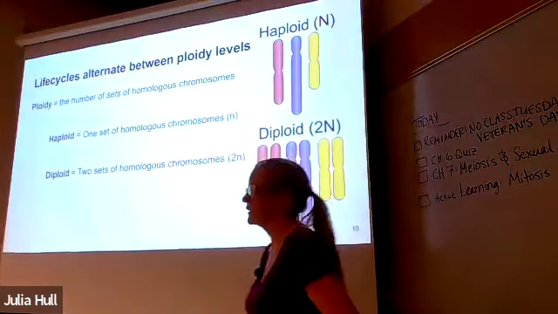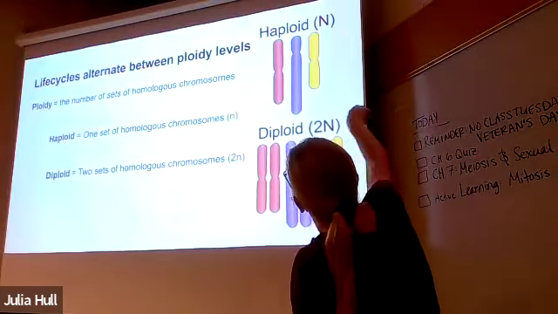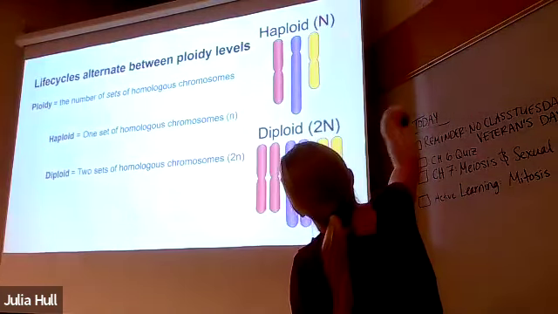A more accurate statement would be homologous chromosomes do not exist in haploid organisms. Because we can be tetraploid or sexaploid or octoploid, we can have all sorts of different ploidy numbers. But for us, because this is Bio 100, let's just talk about diploid and haploid and pretend that those are the only ones that exist. It's complicated enough. Thank you, please.